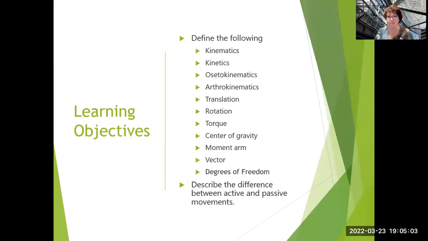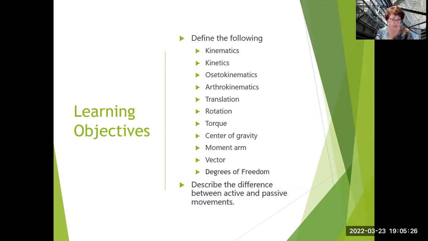This course and this text are particularly intended to be a review of anatomy and movement and the musculoskeletal system that you've studied in anatomy and physiology. And then how does it move? What are the biomechanics involved?